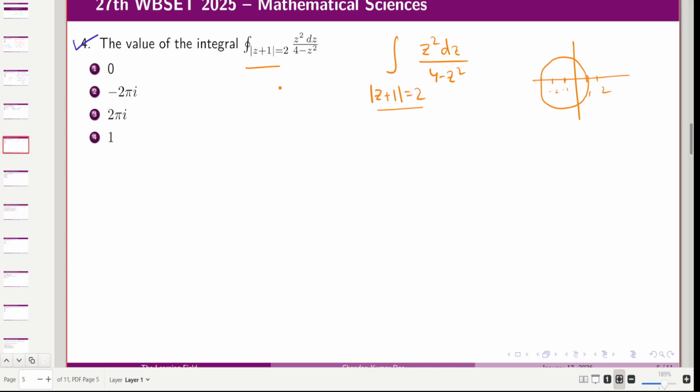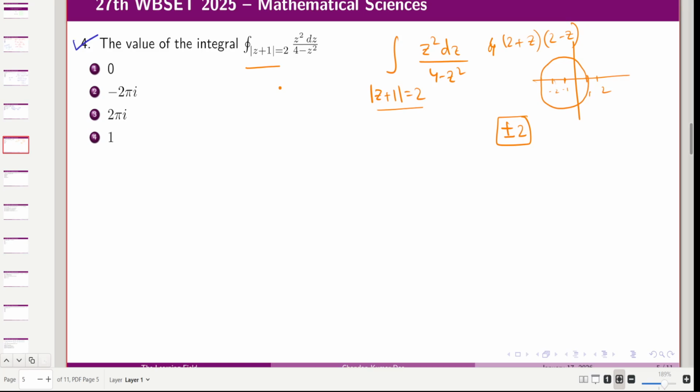Here the zeros of the denominator 4 minus z square, that means 2 plus z into 2 minus z. So plus 2 and minus 2 are the zeros of this function, but plus 2 is not inside the circle.